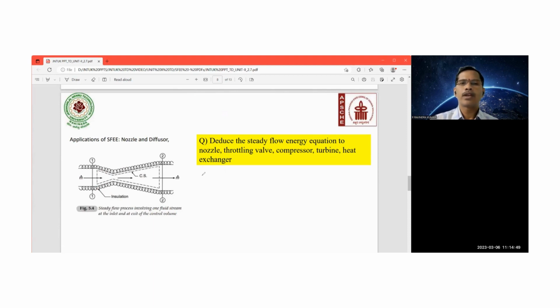When you write the steady flow energy equation, it is m1 dot into h1 plus c1 square by 2 plus g z1 plus heat flow rate, equal to m2 dot into h2 plus c2 square by 2 plus g z2 plus work flow rate W. So this is the expression.